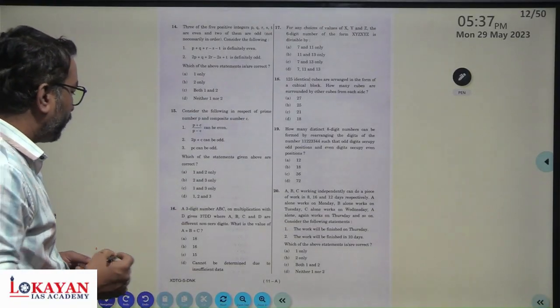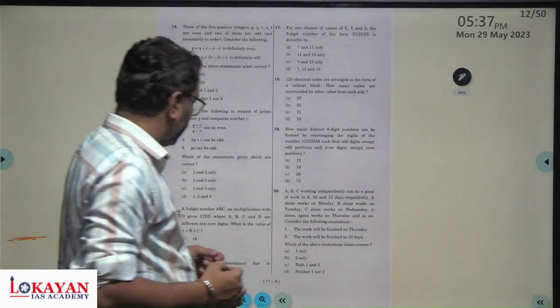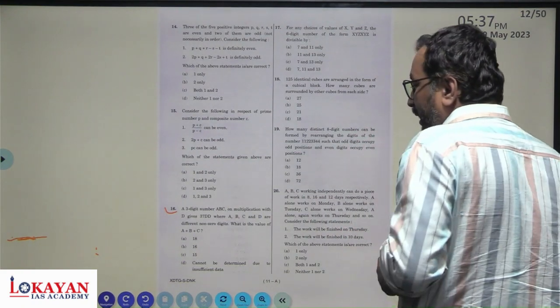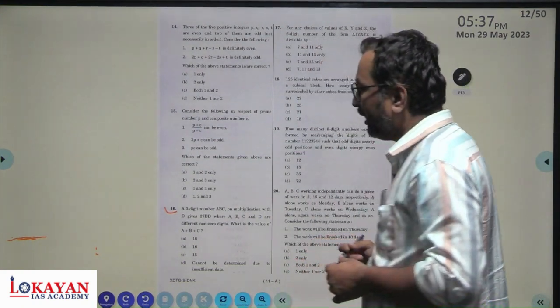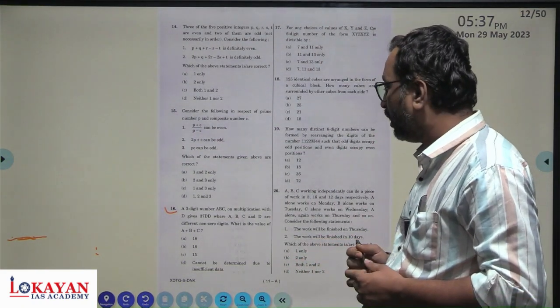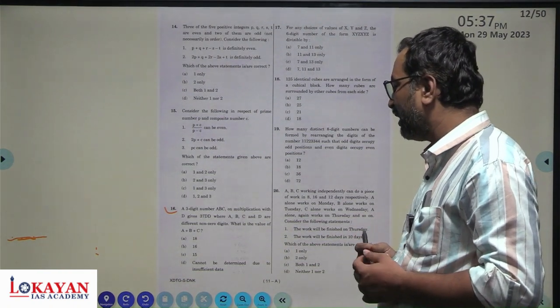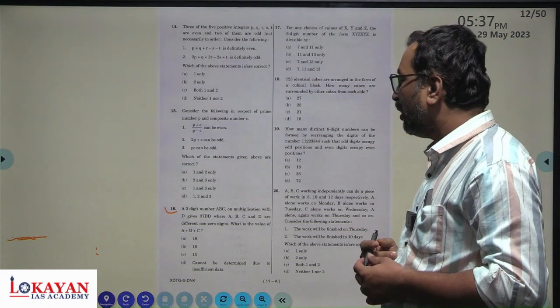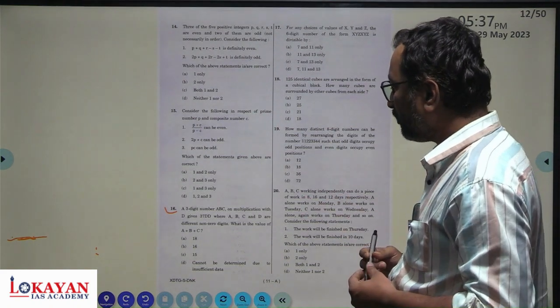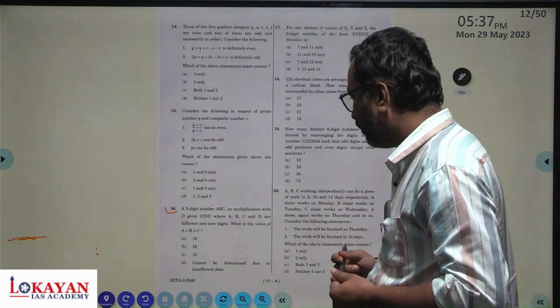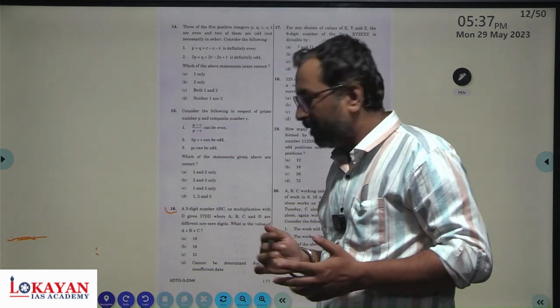A 3-digit number, question number 16. A 3-digit number ABC on multiplication with D gives 37DD, where A, B, C and D are different non-zero digits. What is the value of A plus B plus C?